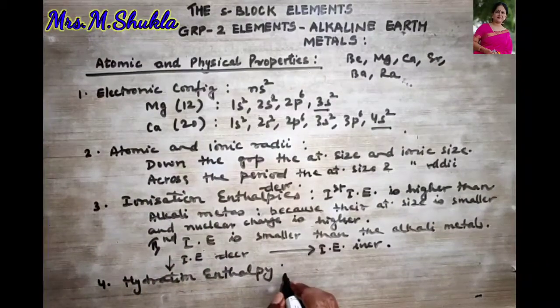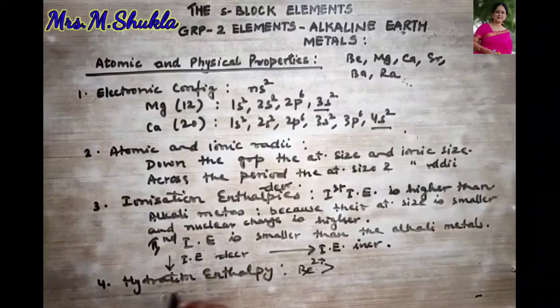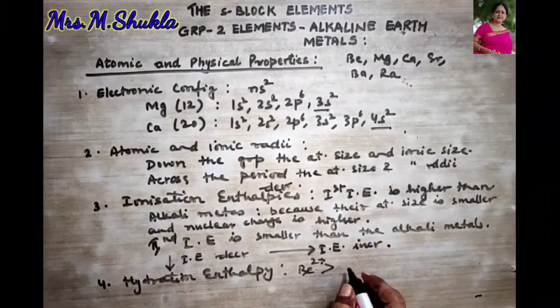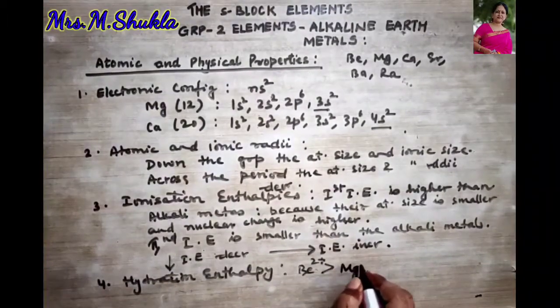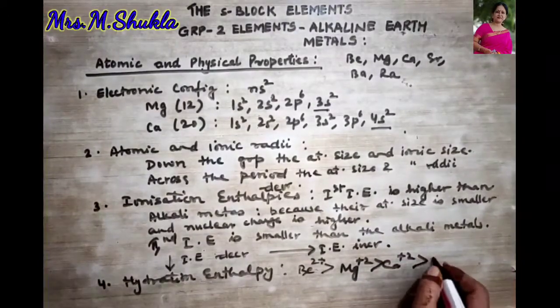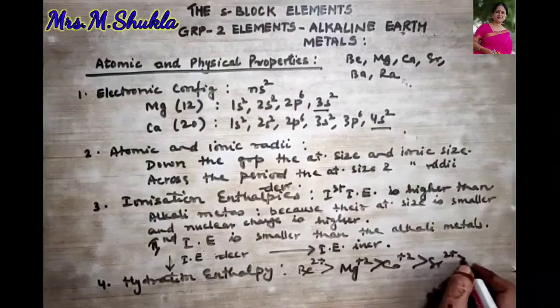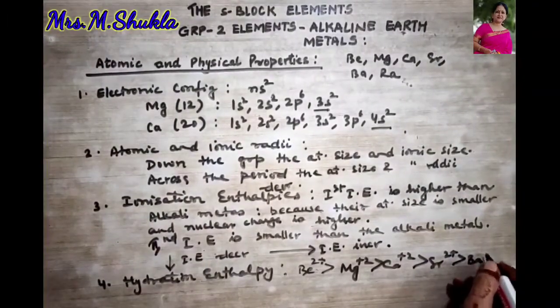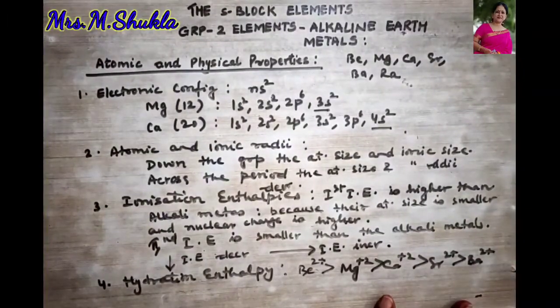Clear? So over here, the beryllium ion has more hydration energy than the magnesium ion, than the calcium ion, then the strontium ion, and least is that of the barium ion, right?